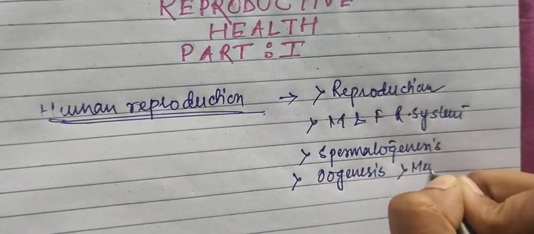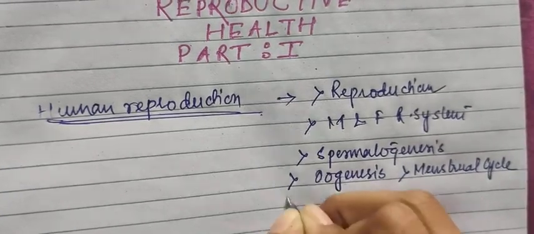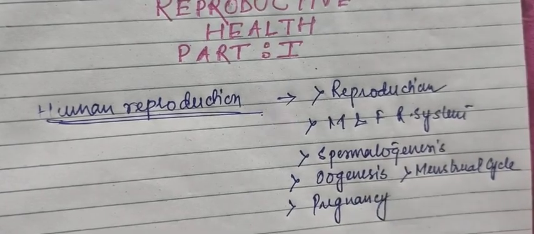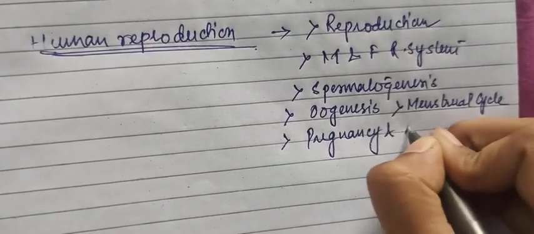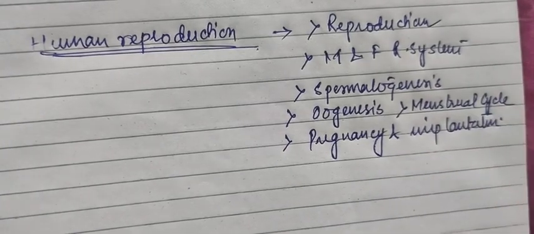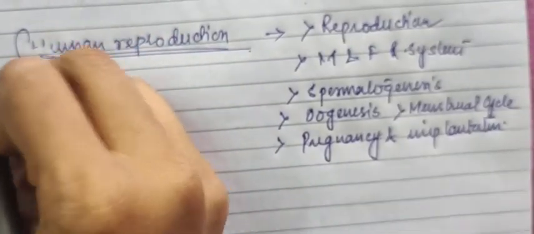Fifth, menstrual cycle. And the last one, pregnancy and implantation process. So this is our previous chapter.